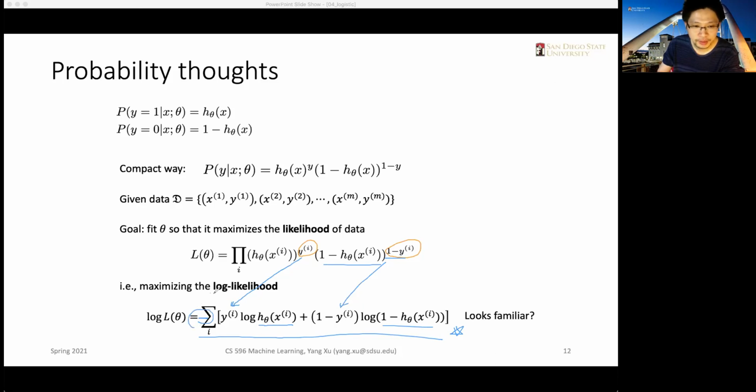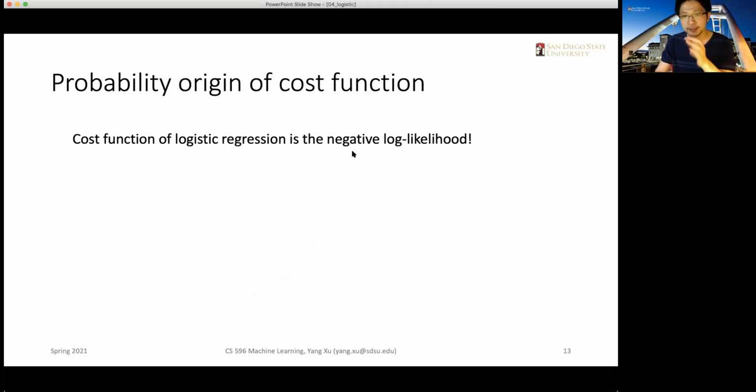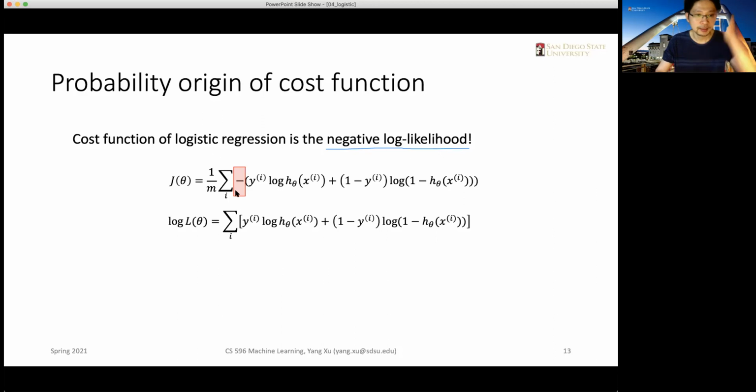Because we are going to maximize the log likelihood function, which is essentially the same thing as minimizing the negative log likelihood, right? So the negative log likelihood function is exactly the cost function that we defined for logistic regression.